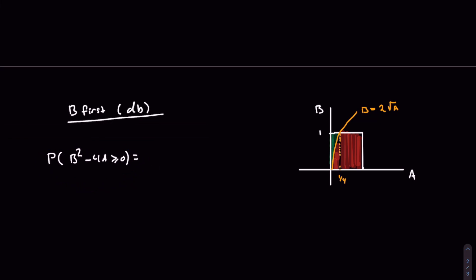And now, because we want to integrate over the B region, we'll be flipping the inequality. We're taking the complement here. So b squared minus 4a. Now we flip this like so, and we continue on, and we'll have b squared now being less than or equal to 4a.